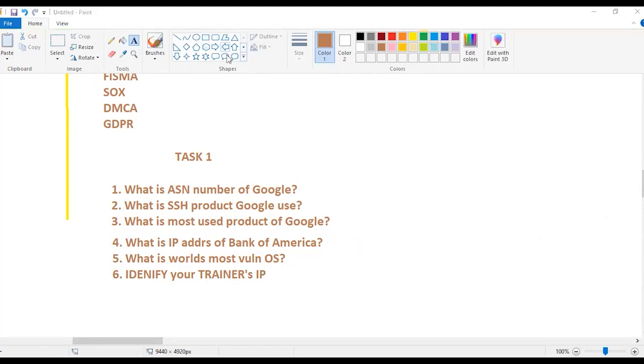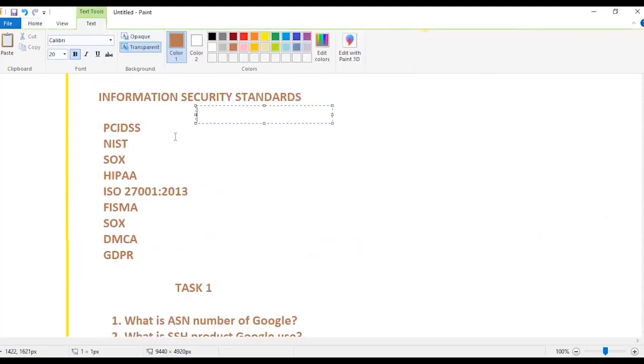Yes, it is required to know about the security standards, because when you're working in an organization, they're going to be asking you about these security factors and security standards.